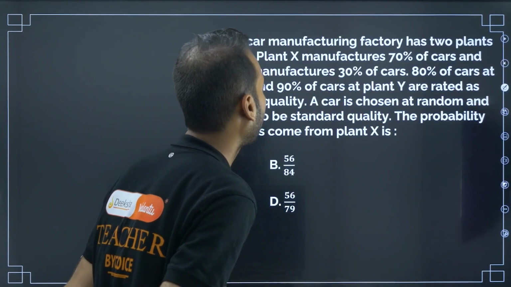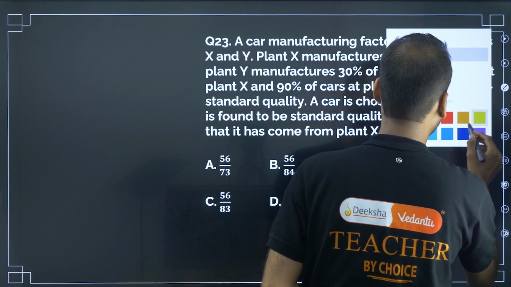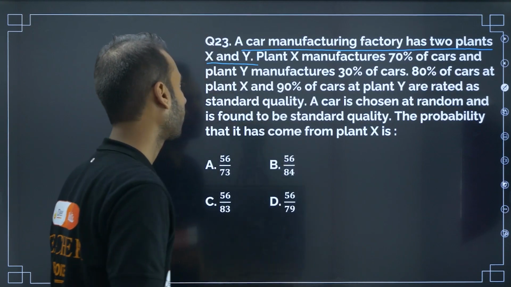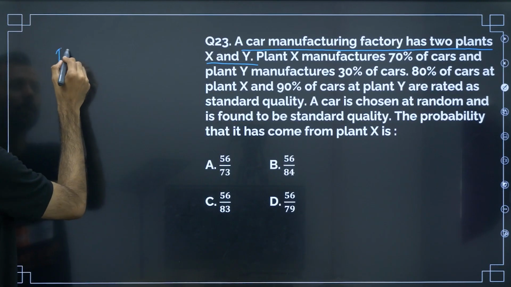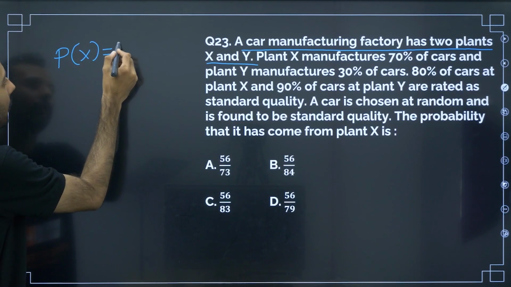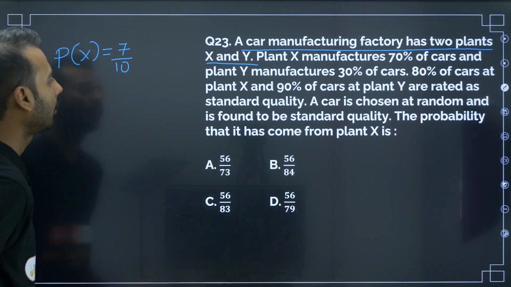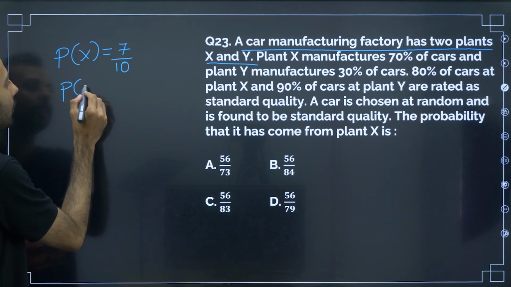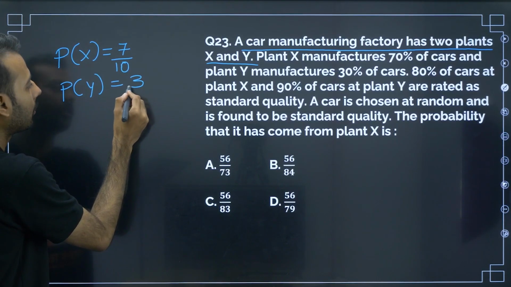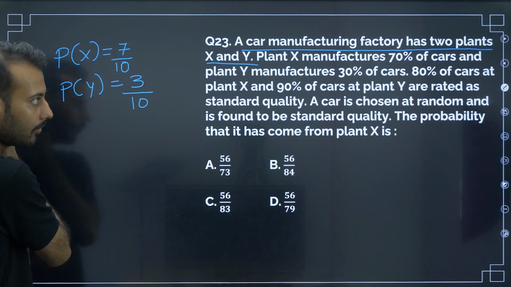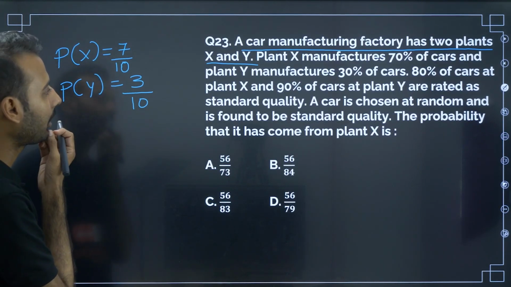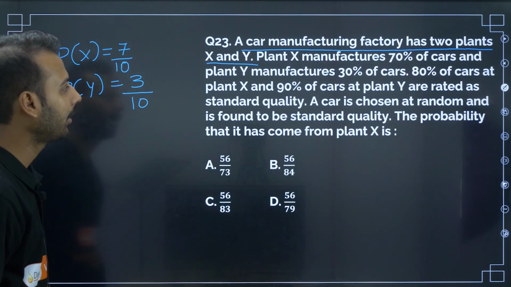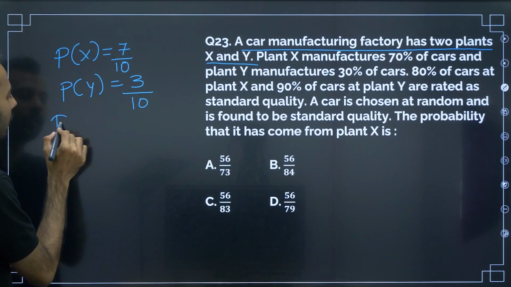A car manufacturing factory has two plants, X and Y. Plant X manufactures 70%, that means 7 by 10, and plant Y manufactures 30%, that means 3 by 10. 80% of the cars at plant X and 90% at plant Y are rated as standard quality.